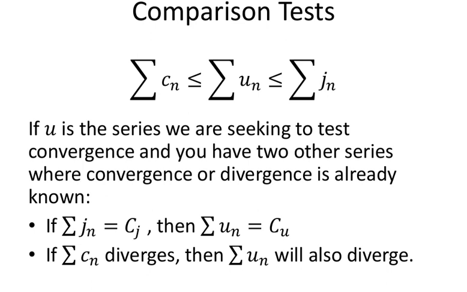And likewise, from down below, if C of n diverges, it forces the U of n to also diverge, as well as the J of n too.